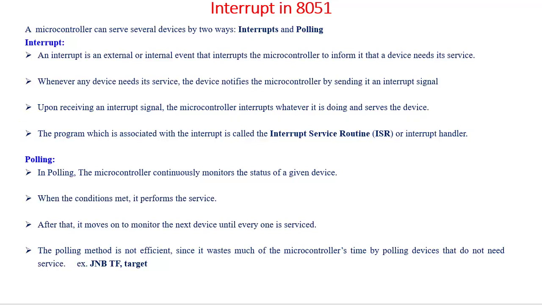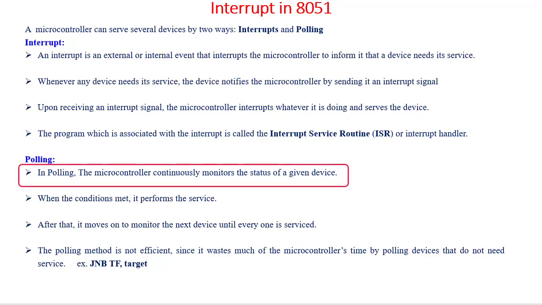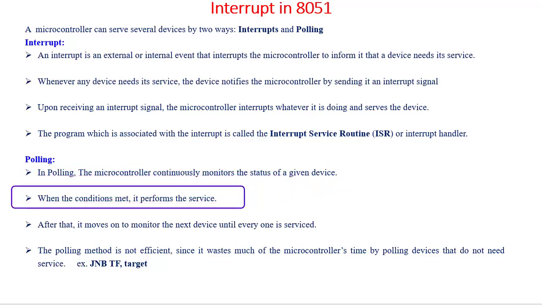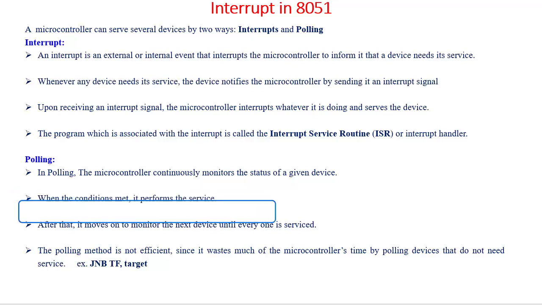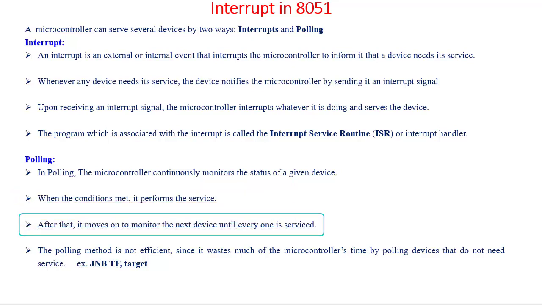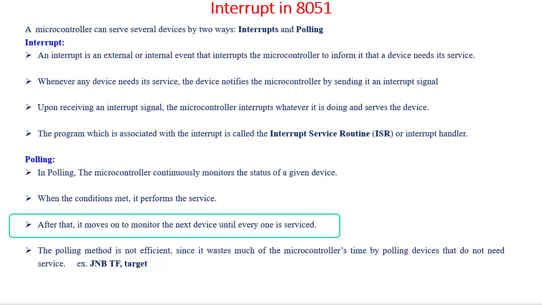Now what is polling? In polling, the microcontroller continuously monitors the status of a given device. It means the microcontroller continuously monitors whether a device needs service or not. When the condition is met, the microcontroller performs the service. After that, it moves on to monitor the next device until everyone is serviced. This type of system has a disadvantage.